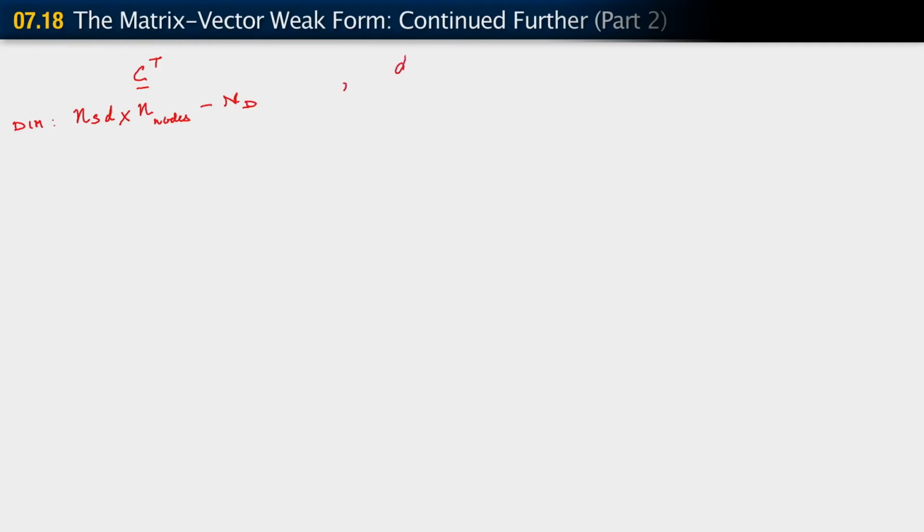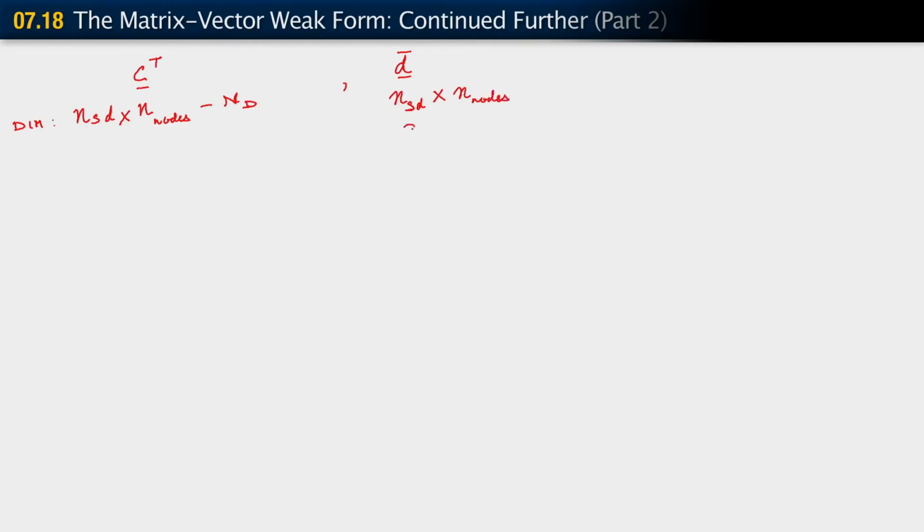But our global vector D bar, as we've written it in our global matrix vector equations, has number of spatial dimensions n sub sd times number of nodes entries.